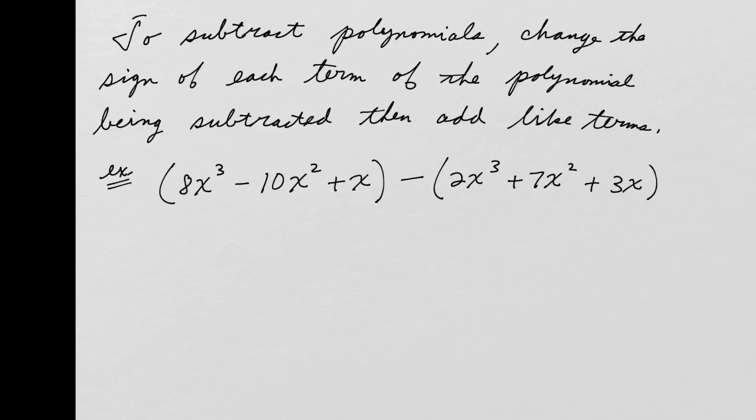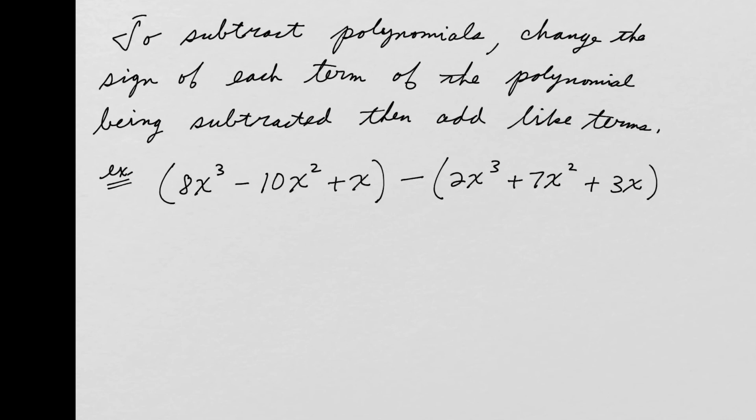All right, so what this is saying is the first polynomial I can leave, I can remove those parentheses, the first polynomial is fine. If I want to subtract that second polynomial, I can think of it as adding the opposite. So that's why they say change the sign in each of those terms and then add like terms.